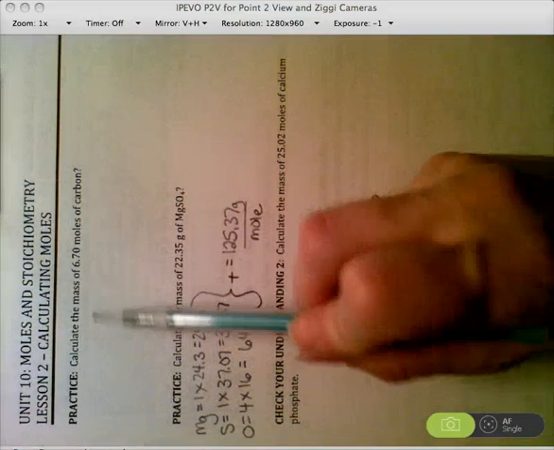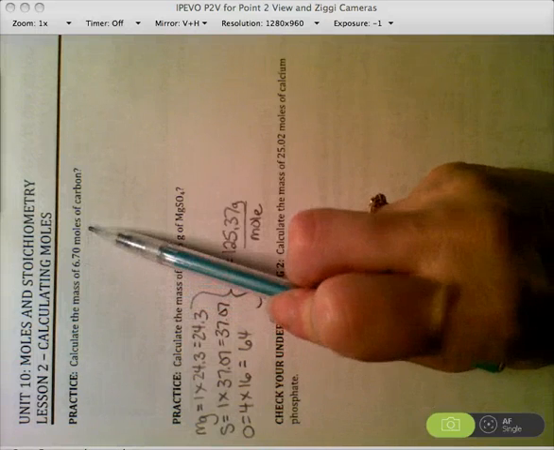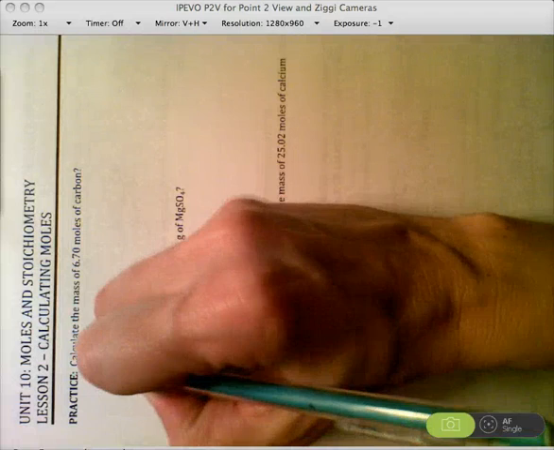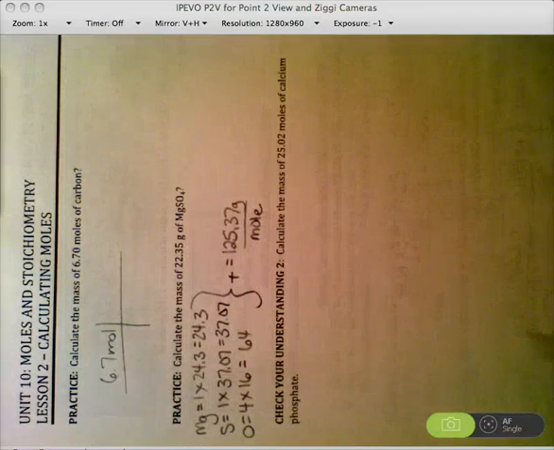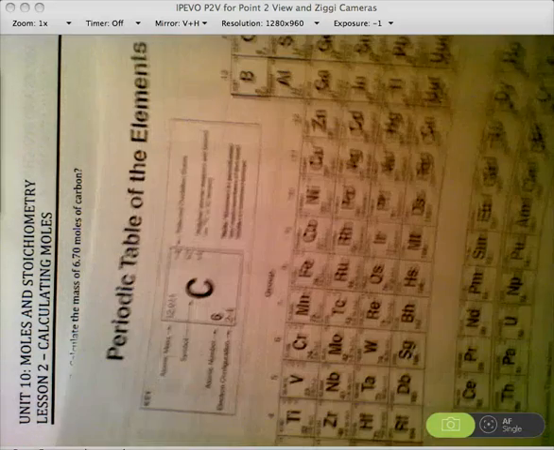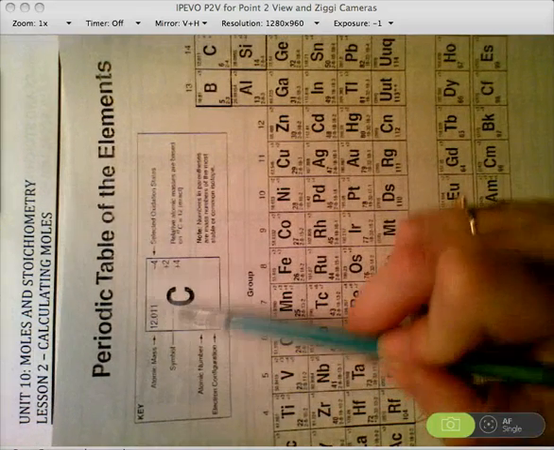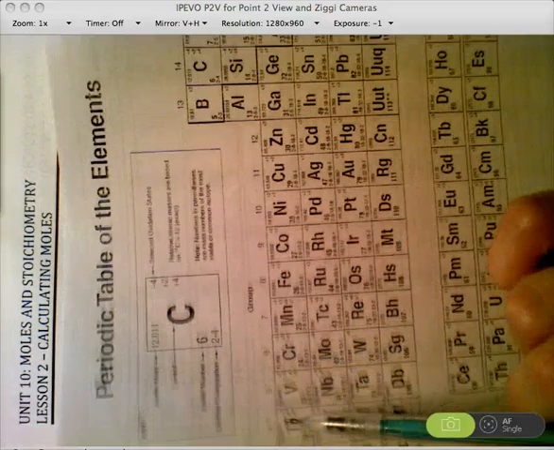Okay, so now we're going to calculate the mass of 6.7 moles of carbon. Well, if I know I have 6.7 moles of carbon, and if I look at my periodic table, and in case you're wondering where these are coming from, on my periodic table, the atomic mass is the number we're using. So for carbon, it's 12.01.